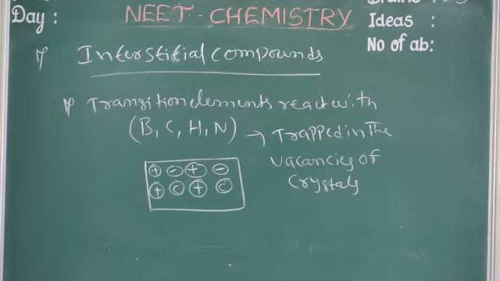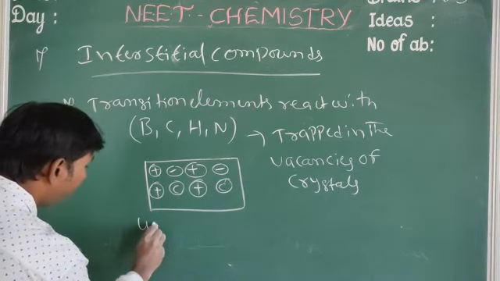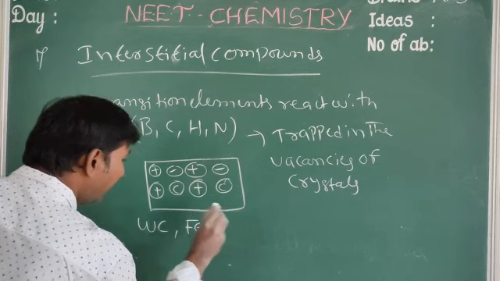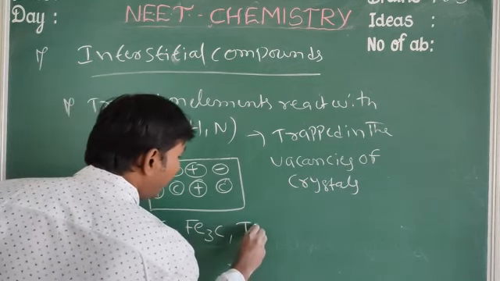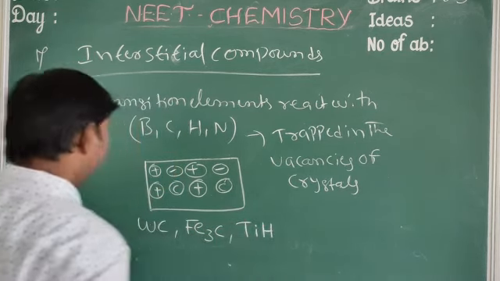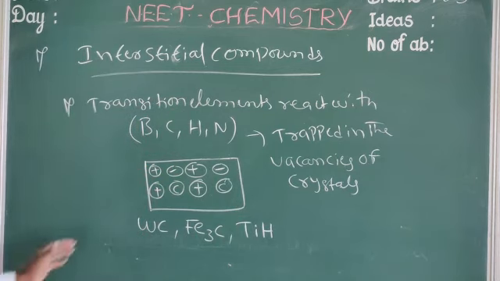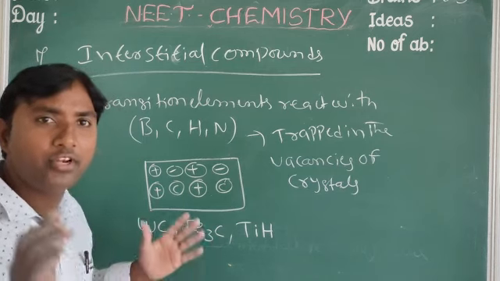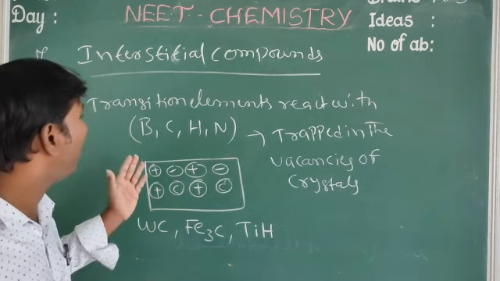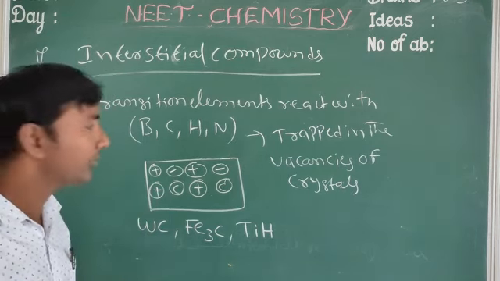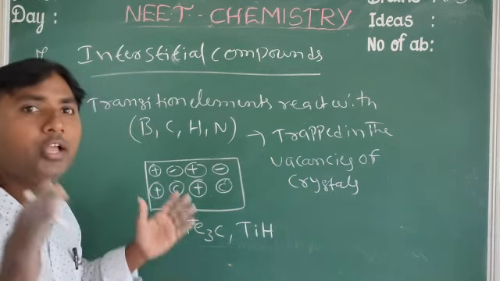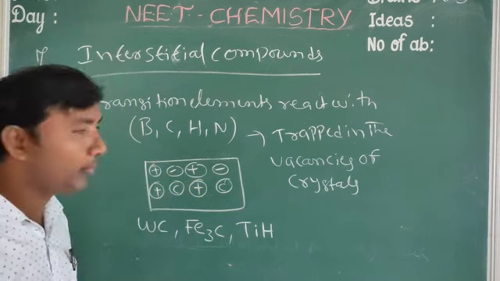Examples: tungsten carbide, Fe3C iron carbide, and titanium hydride. Simple one: interstitial compounds means transition elements react with small atomic size elements like boron, carbon, hydrogen and nitrogen to form interstitial compounds.